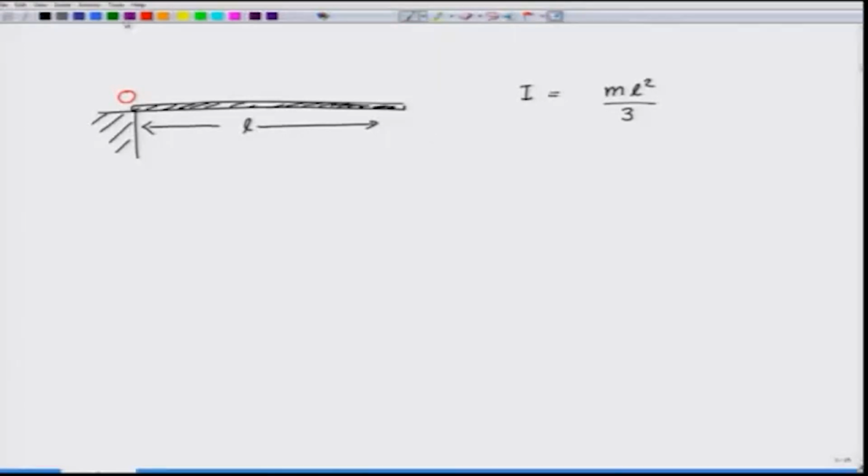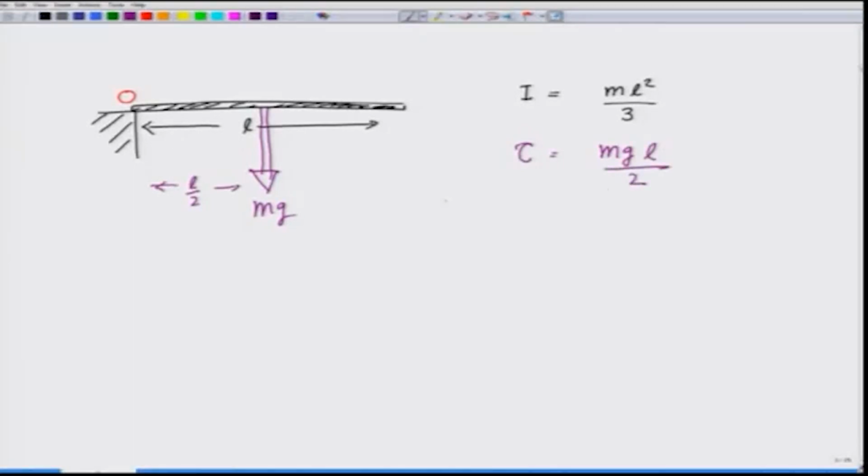Therefore, the rod experiences a force mg at its center of mass, which is at a distance L by 2 from the edge, and therefore, the torque on this is going to be mgL over 2.